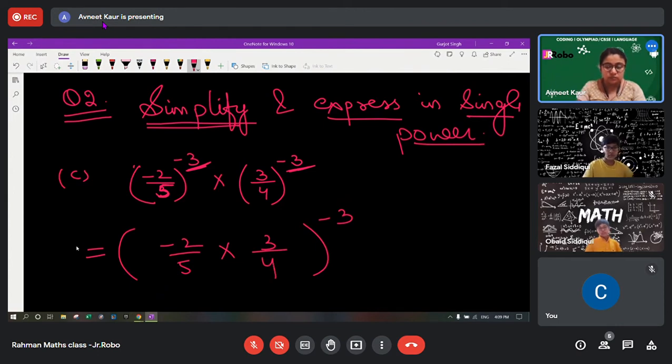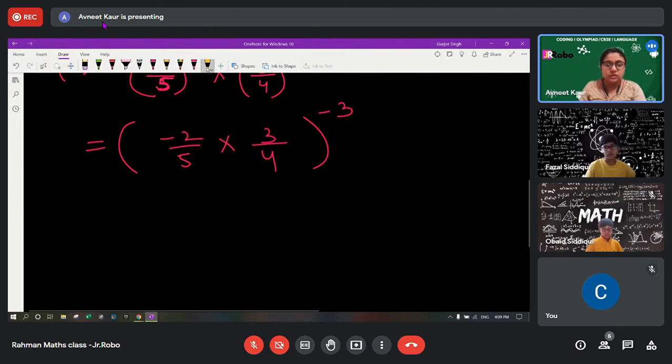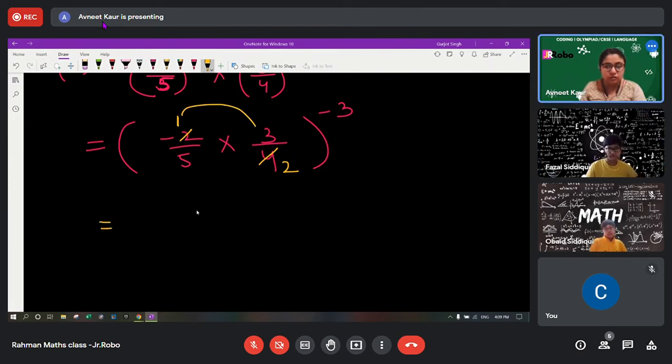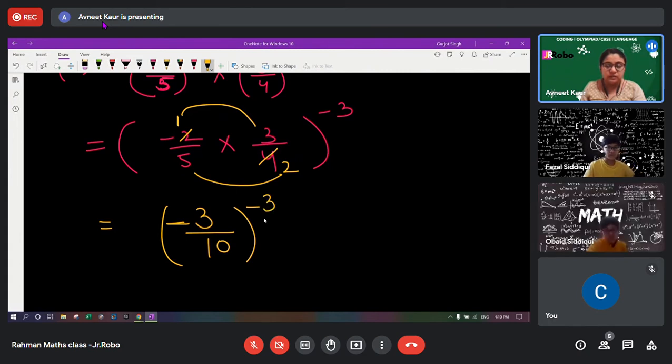Is this clear? Yes. Now, can you notice one thing, that you can cancel: the 2 and 2 2 the 4, so what will it become? It will be 1, 3, and 5 2 the 10. Got it? Yes. And because the minus sign is also there, put the minus sign with the base, raised to power -3.